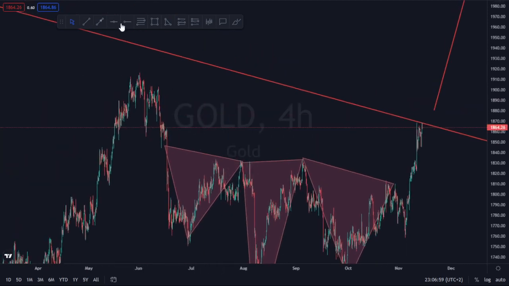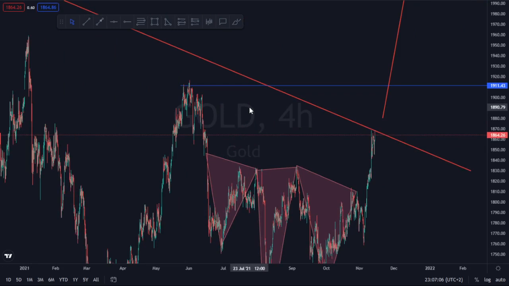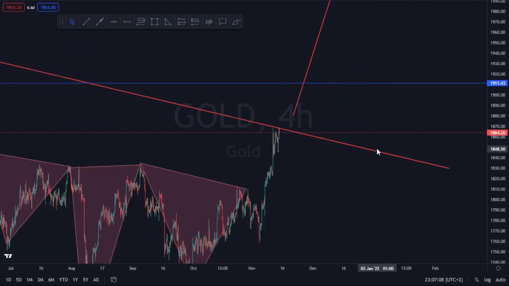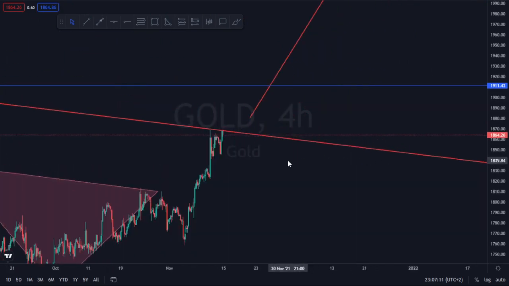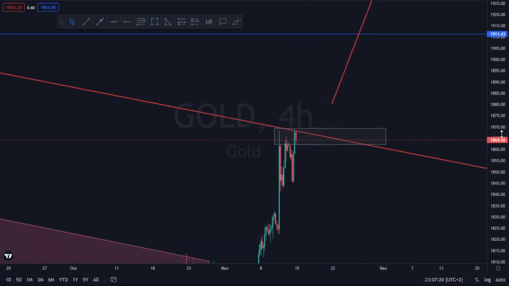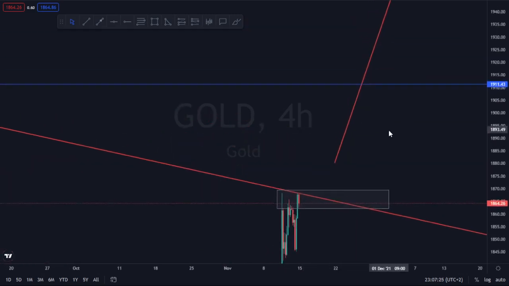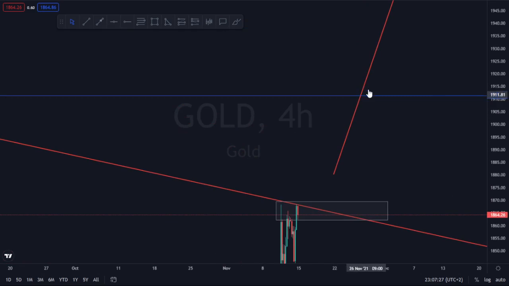So if we're going to be looking for buyers, guys, I'm going to wait for price to break out and give me continuation. Breakout, retest.